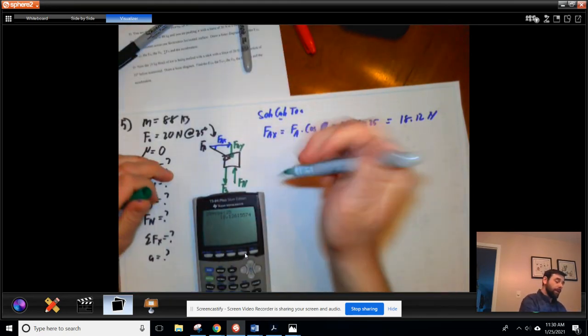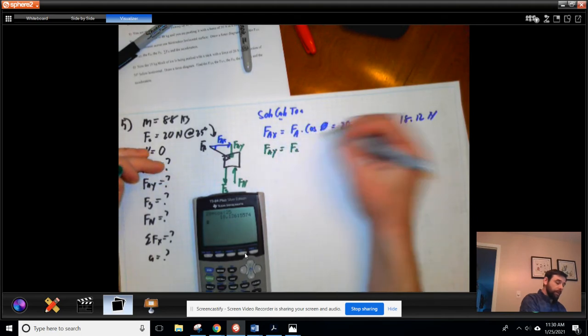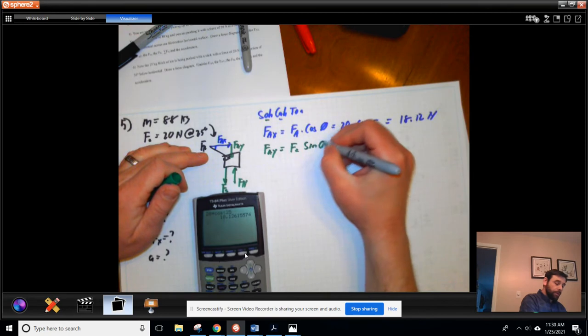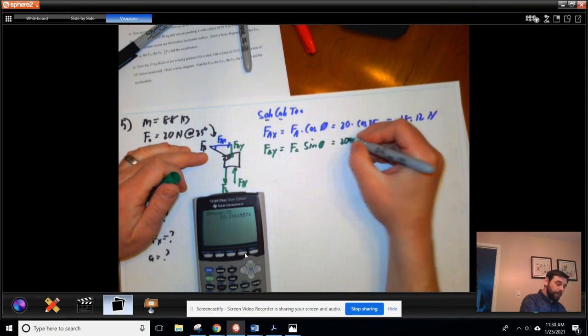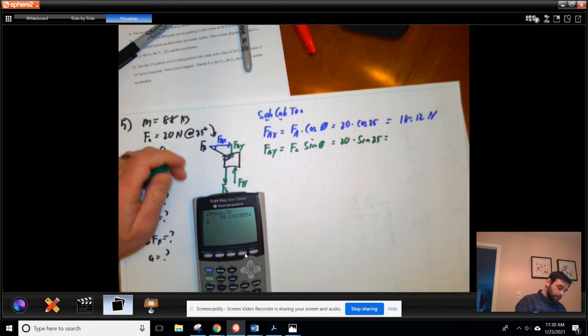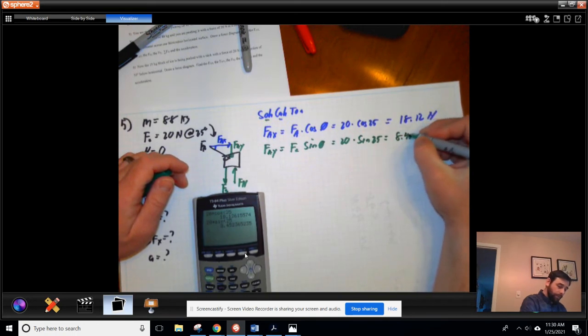Next up, we were asked to find FAY. FAY is going to be FA. Now it's the opposite leg, so sine of theta. So 20 times sine of 25 equals 8.45 newtons.